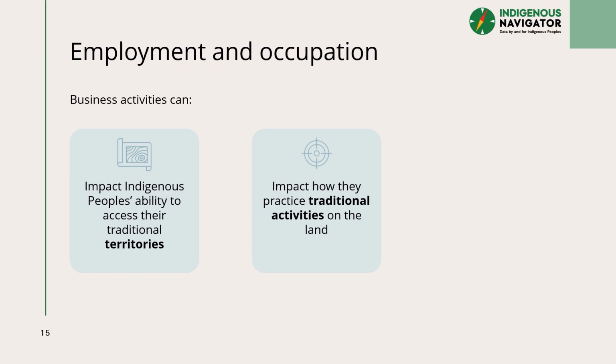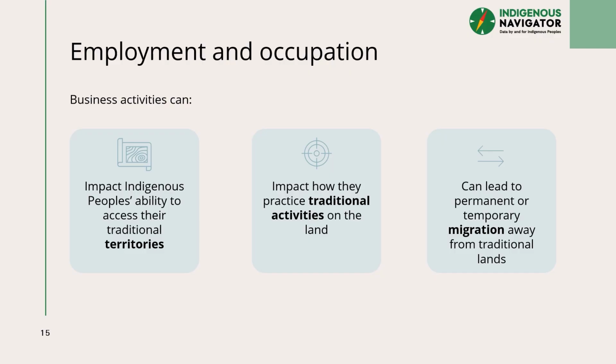For example, pollution can impact traditional farming practices. And business activities such as energy projects can lead to permanent or temporary migration away from traditional lands. This will also impact the ability to practice traditional activities.